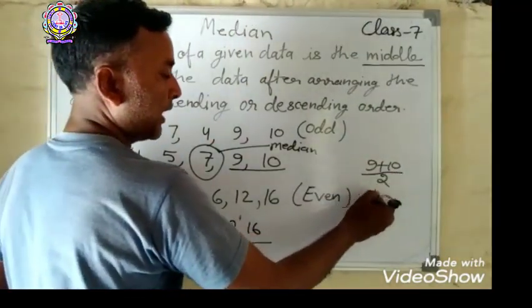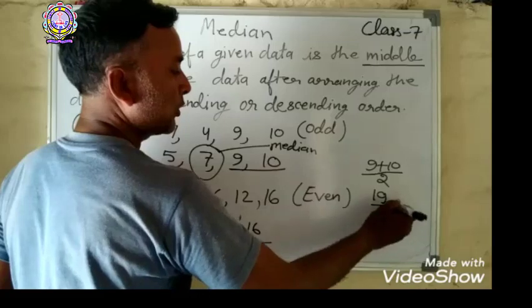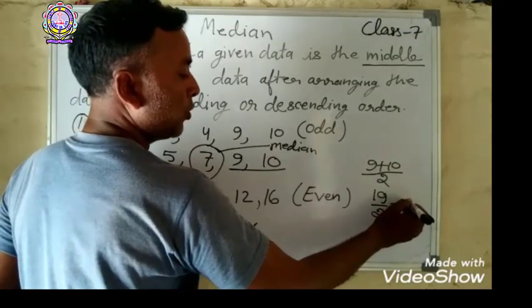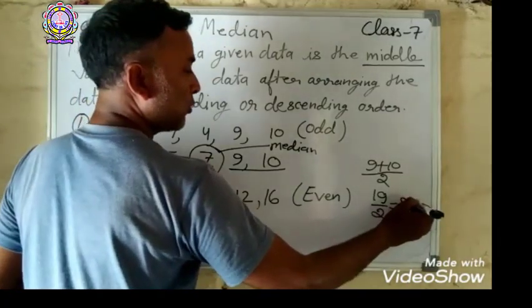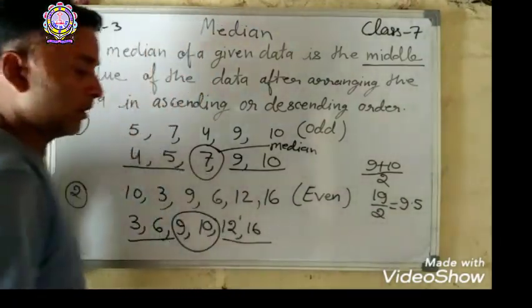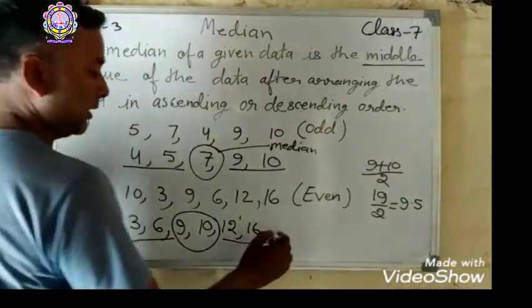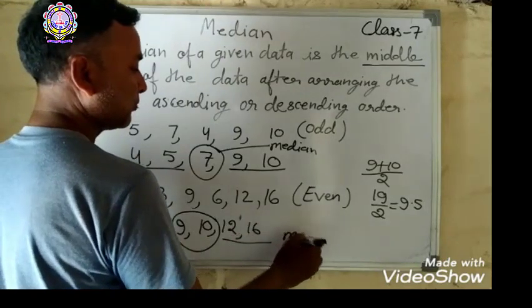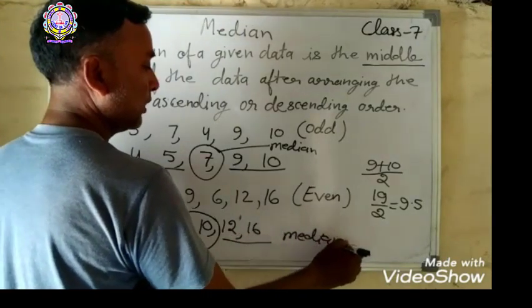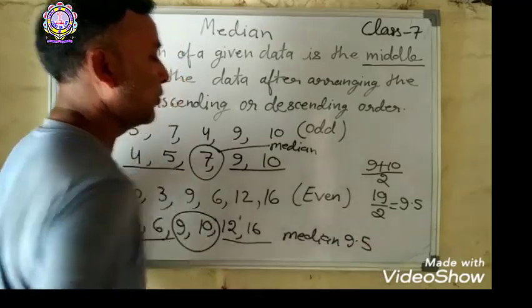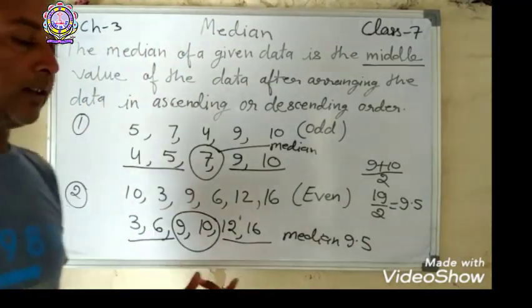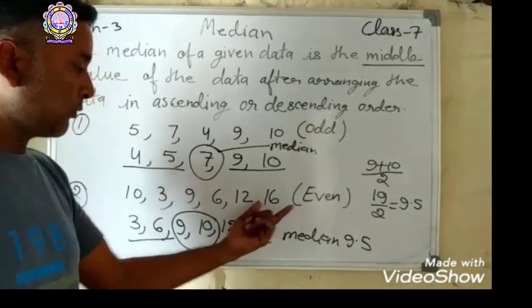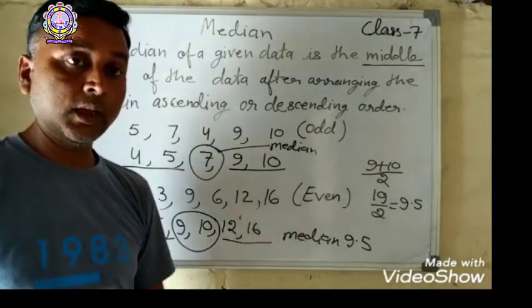So 9 and 10 make 19, divided by 2. You get 2 nines are 18, 1 remaining, and 2 fives are 10. What is the median here? Here the median is 9.5. Is it clear?